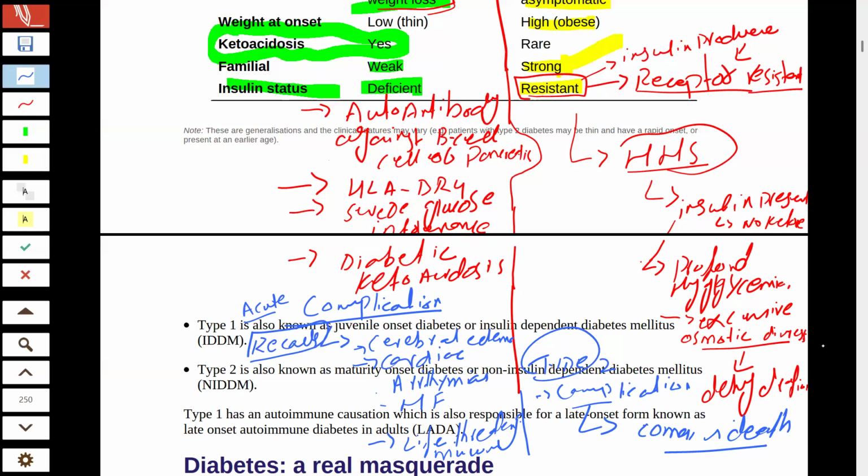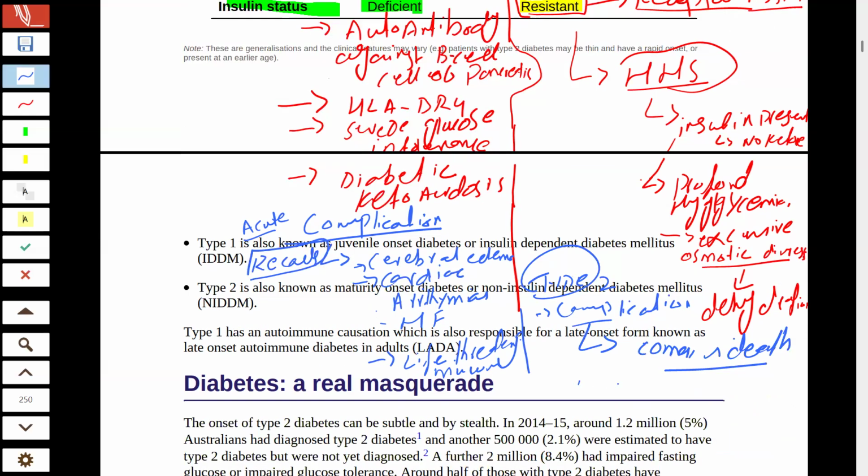And for treatment, we have to give in type 2 IV fluid, IV insulin, and electrolyte replacement according to requirement. This is overall a broad view which I give you, but how to treat and diagnose, I am going to discuss in detail.